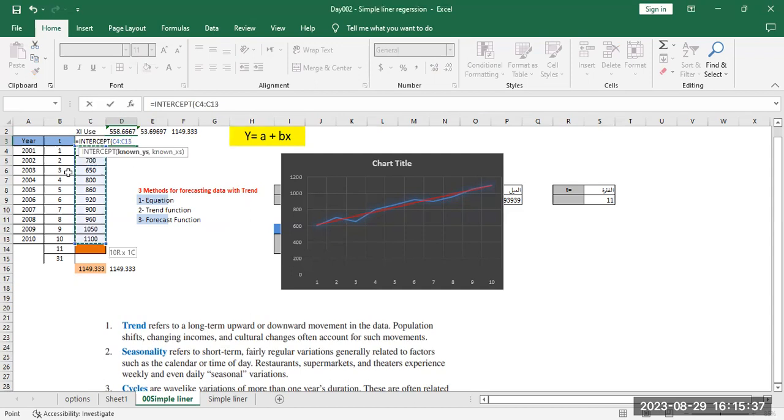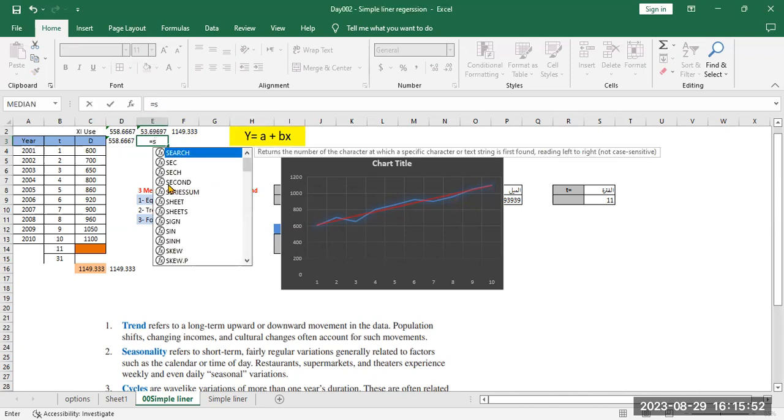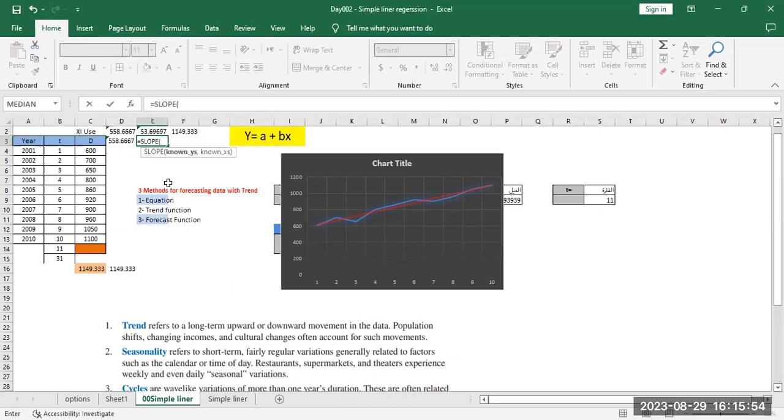Then we go to known x's, which are the periods we have. Great. This is the first step. Here we get the intercept. Also, in order to get the slope, it's very simple. SLOPE, and known y's, our actual demand, and known x's, our periods. Clear? Now you get it. How can you solve it?